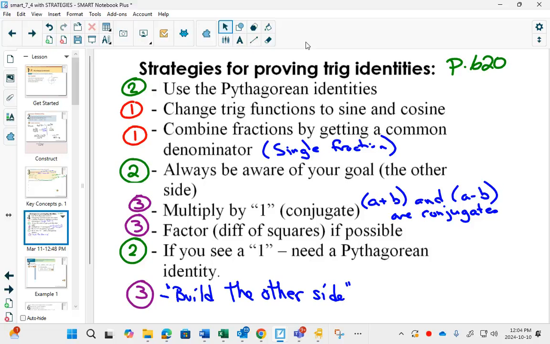And the problem with the strategy of multiply by the conjugate is most students don't know the word conjugate very well, and so it's very hard to remember a strategy when you don't know what the word means. So I changed it to build the other side, because that is intuitive and easier to remember. But it's the same thing as multiplying by the conjugate and multiplying by 1.